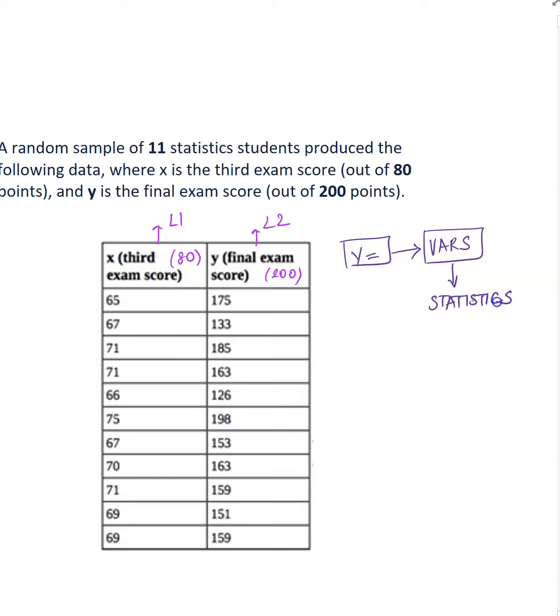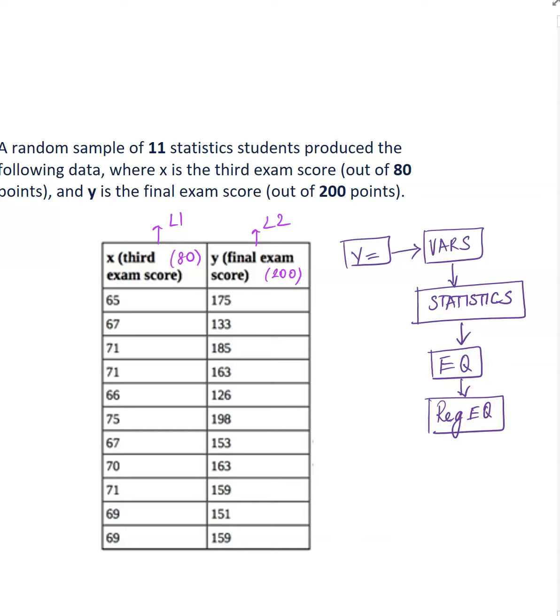That was number 5. And from statistics, it took you to this XY, sigma, EQ. So use the right button to go over to EQ, and then go down to the first one, which says RegEQ, regression equation.